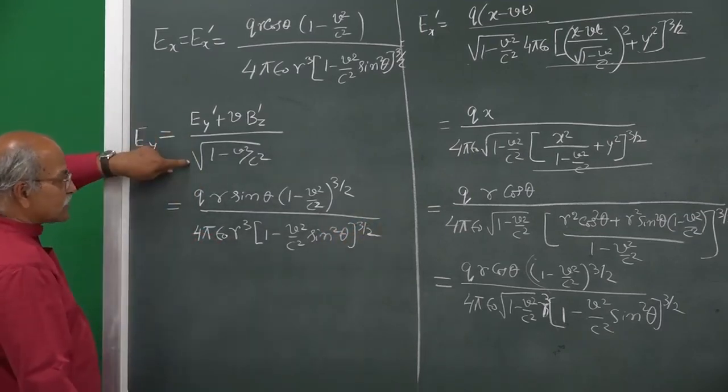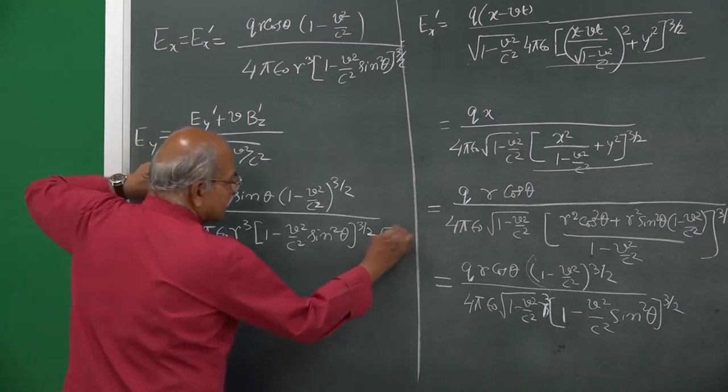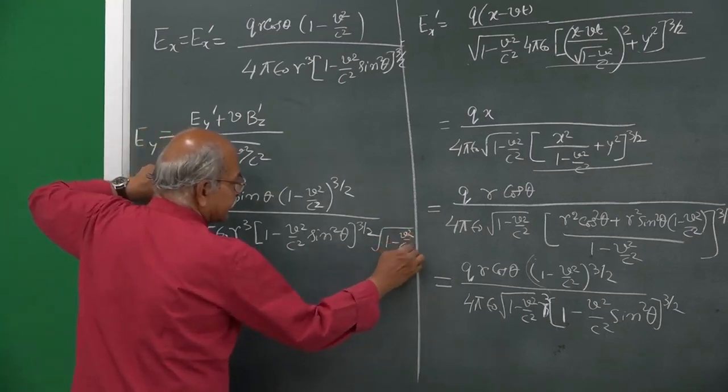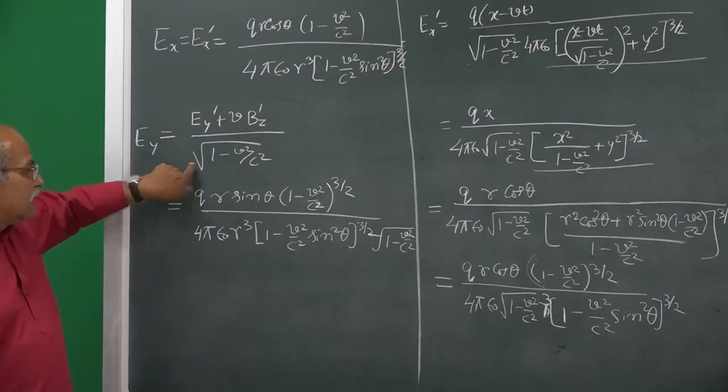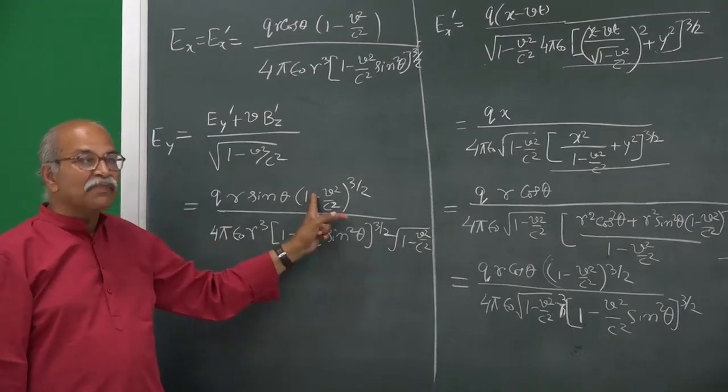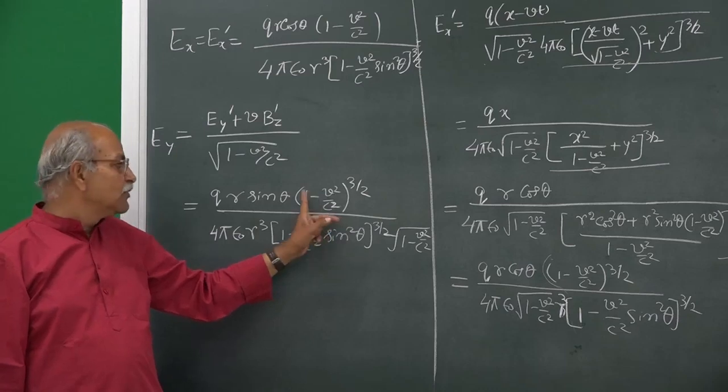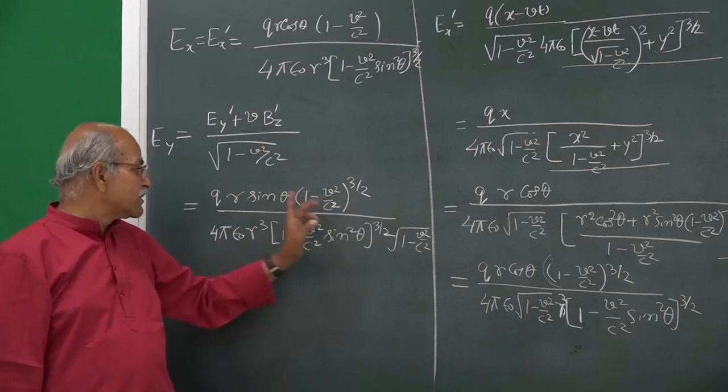Now, divided by square root of 1 minus V square by C square, and that will again cancel half power from here, and you will be left with 1 minus V square by C square.